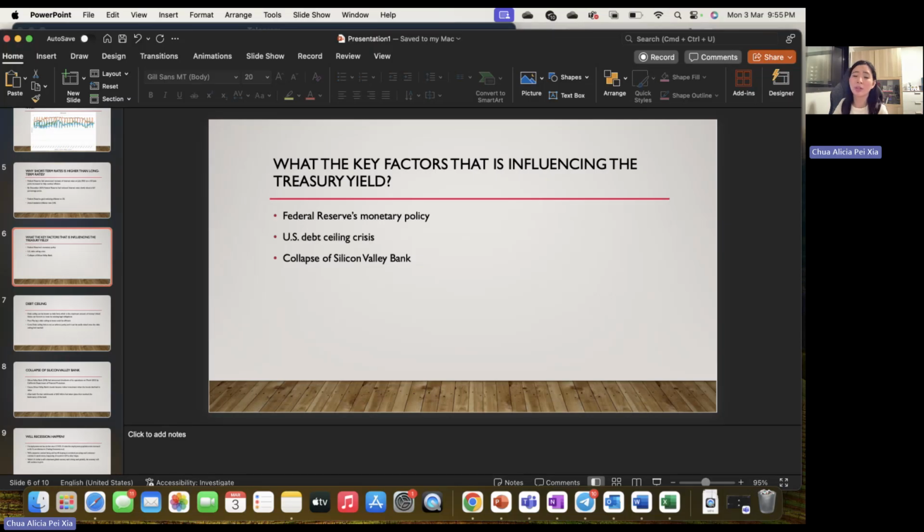That's the reason why the Federal Reserve had to increase the short-term rates, hoping that the inflation rate could go down and US citizens would be able to spend more money, because high inflation rates mean they need to spend more on food and daily basic needs.